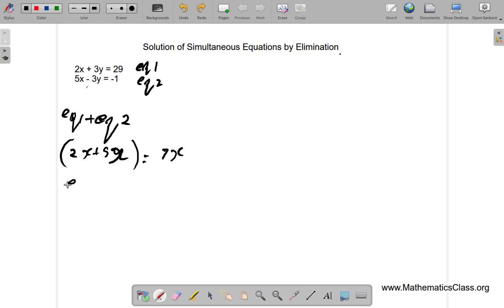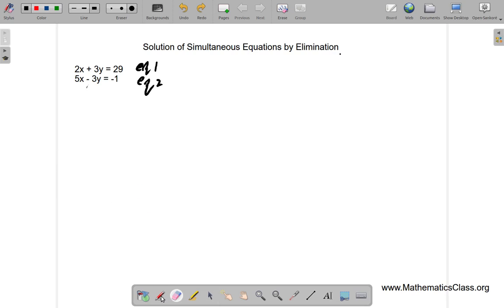We could say equation 1 minus equation 2 in trying to eliminate x. 2x minus 5x is equal to -3x. We still were not able to eliminate x when we subtracted, so we cannot eliminate x by adding or subtracting the equations.